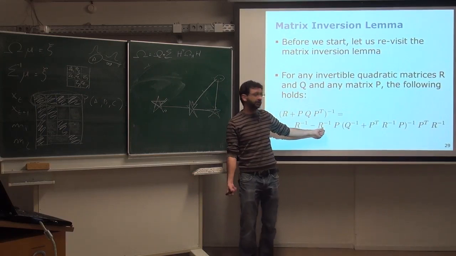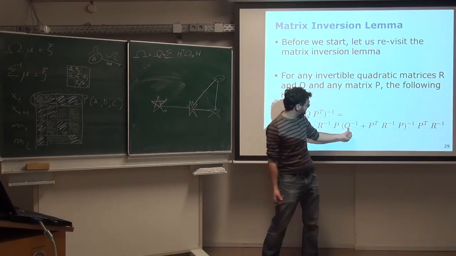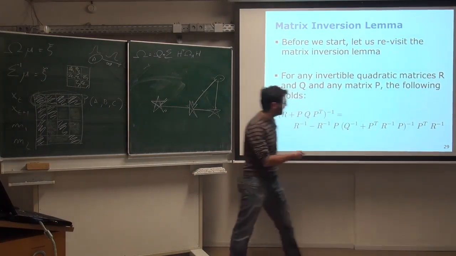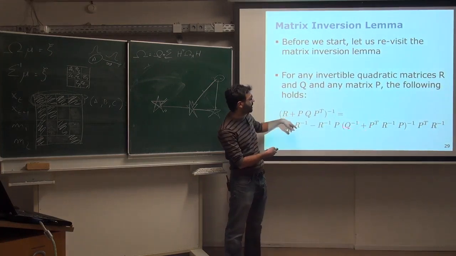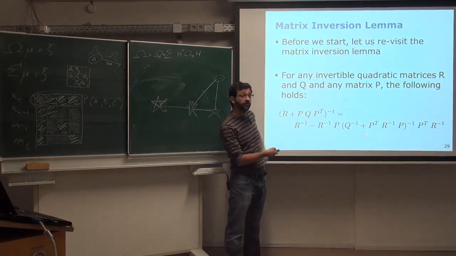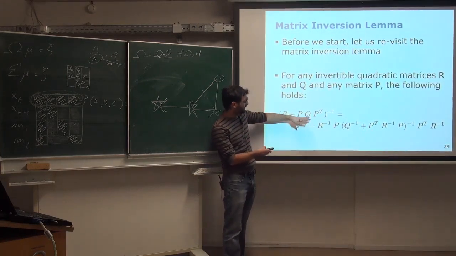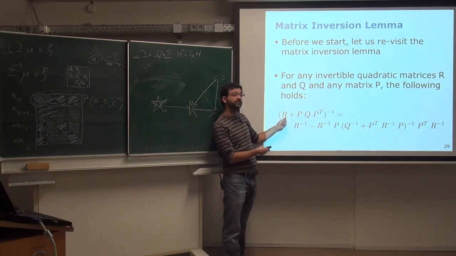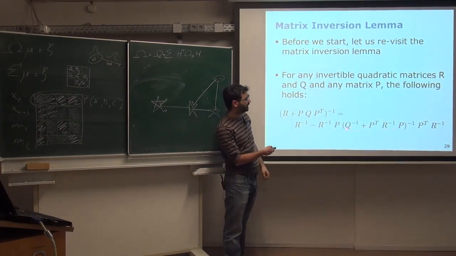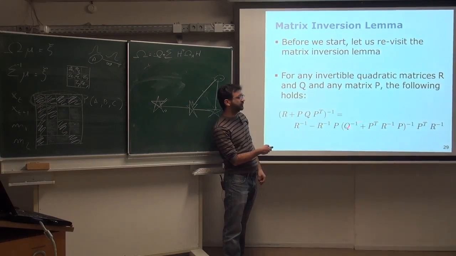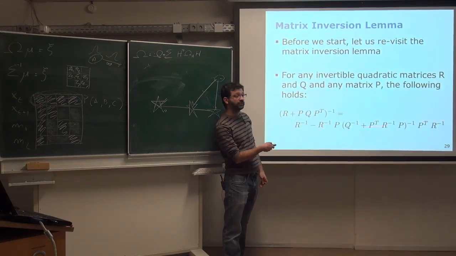This one we have already, this we have. The only thing that we need to invert is this part here, where we actually now are in the dimension of Q. So we move the costly inversion in the dimension of R into a less costly inversion in the dimension of Q and some matrix multiplication.